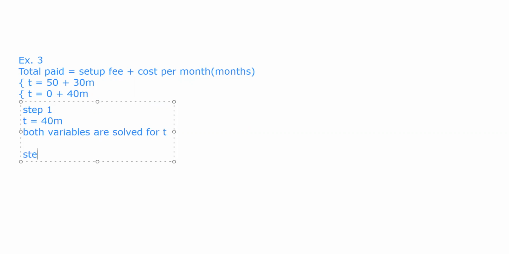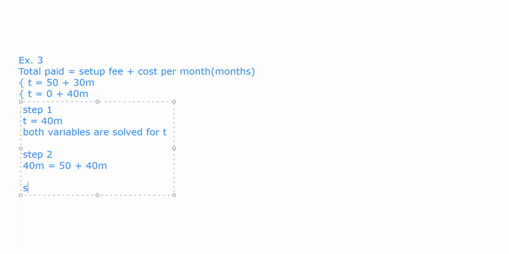So in step 2, we replace t equals 40m. So 40m equal 50 plus 30m. What is step 3?